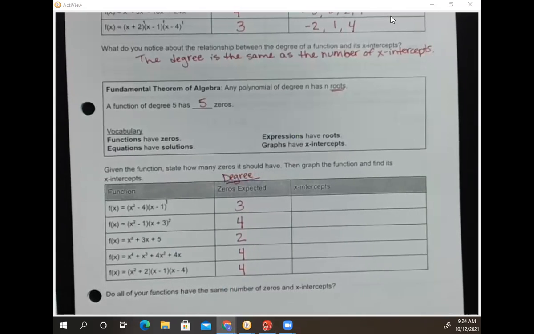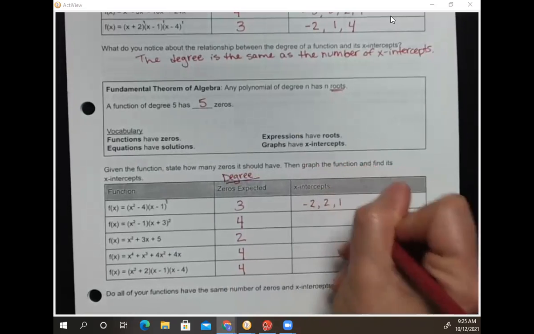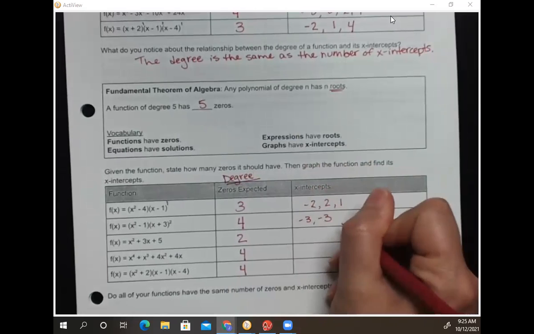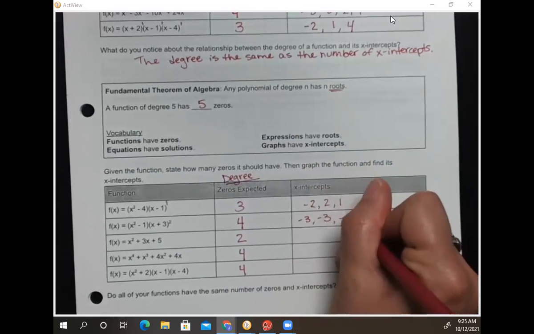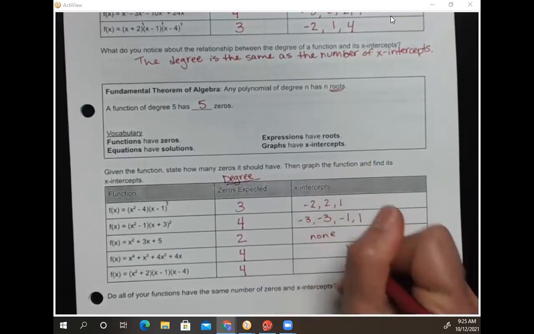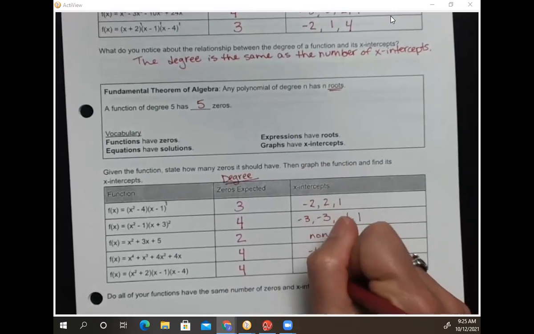And then let's talk about what we saw. So we had -2, +2, and 1, -3 listed twice, then -1 and +1, then nothing for that middle one, then -1 and 0, then 1 and 4.